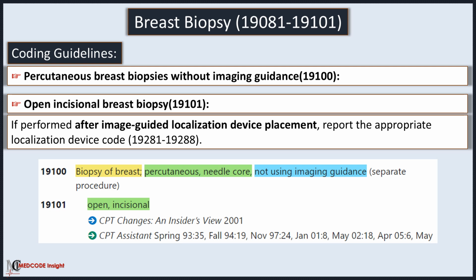Open incisional breast biopsy code 19101 does not include imaging guidance. If an open incisional biopsy is performed after image-guided placement of a localization device, a code from code range 19281 to 19288 may also be reported for the appropriate image-guided localization device placement.